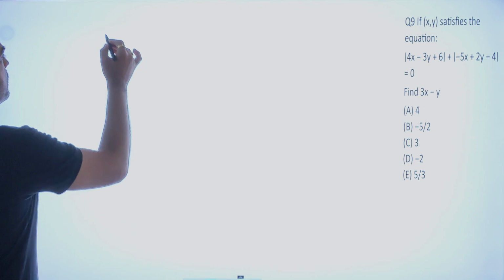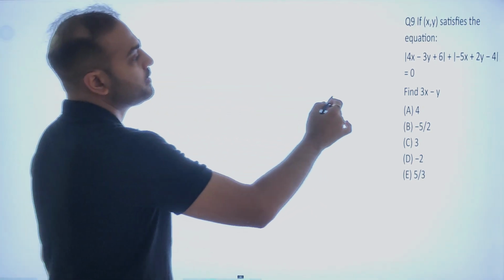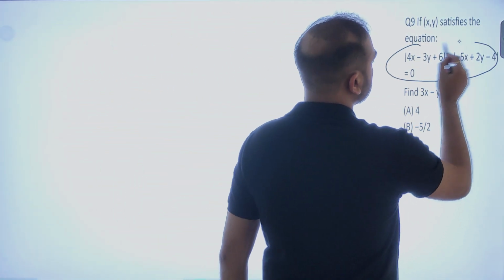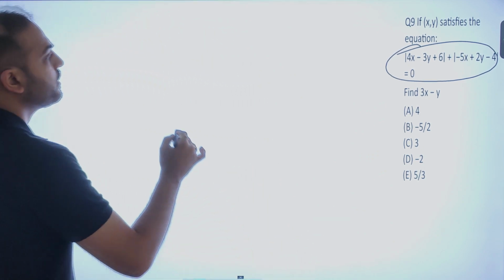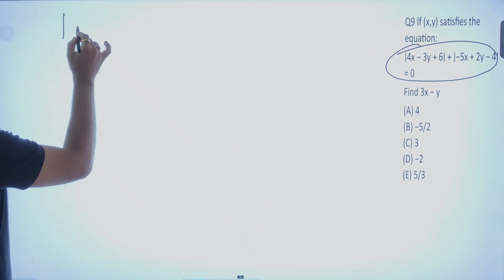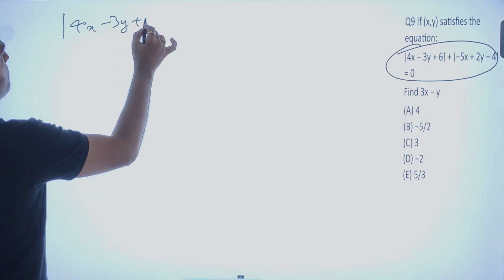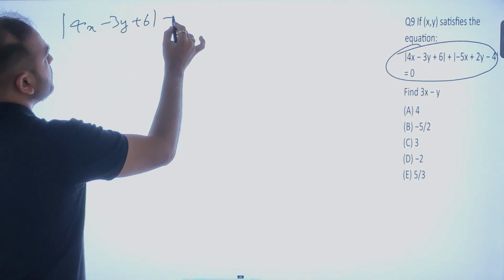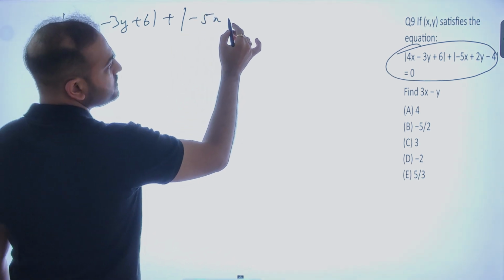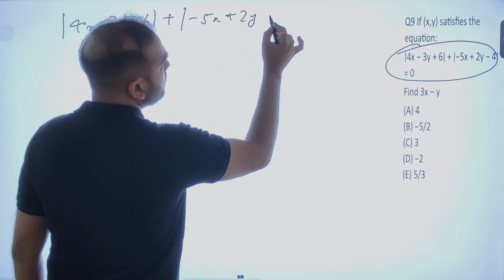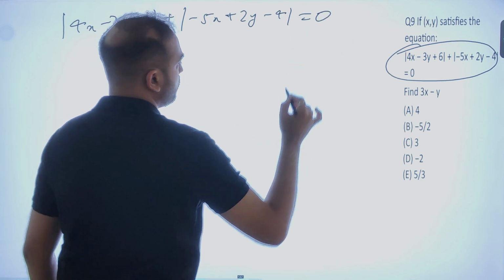Moving on to the next one. We see that the sum of two modulus is 0. We have mod 4x minus 3y plus 6 plus mod minus 5x plus 2y minus 4 is equal to 0.